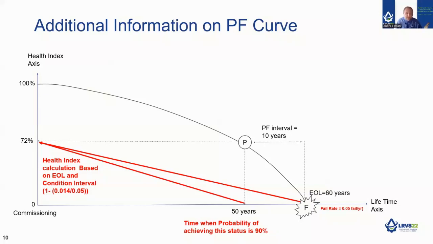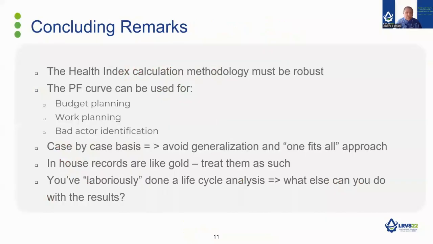This is a bit of a mouthful, I'm sorry, but it shows that there's rigor in how the health index is calculated. In this case, the reference point is the end of life distribution. We can have other points defined in the same way by other condition monitoring methods in this PF curve, but I will not go into that further.